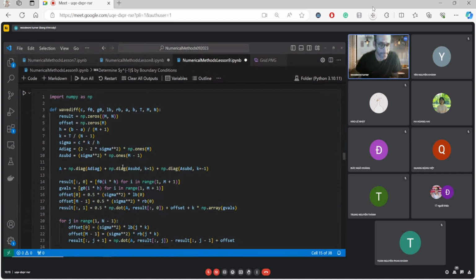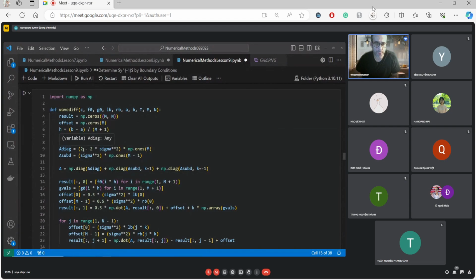For i goes from 1 to m as usual, if we just plug into the equation, we have y_{i,1}, and that'll be 1/2 of 2 times 2 sigma squared y_{i,0} plus sigma squared y_{i-1,0} plus sigma squared y_{i+1,0} plus 2k g of x_i.